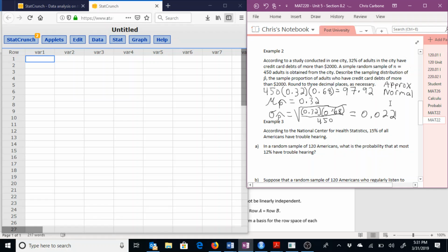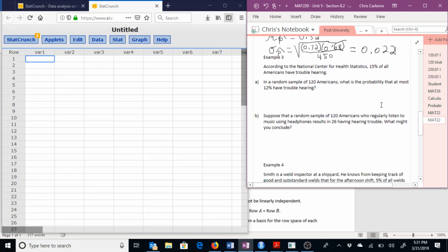Now for our next example, according to the National Center for Health Statistics, 15% of all Americans have trouble hearing. In a simple random sample of 120 Americans, we want the probability that at most 12% have trouble hearing.